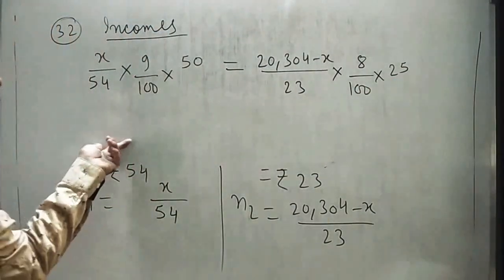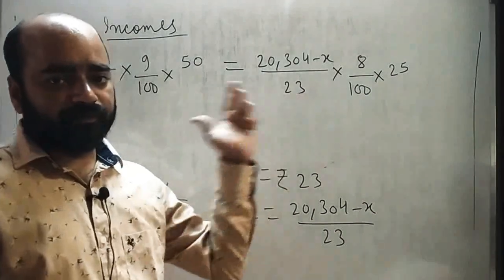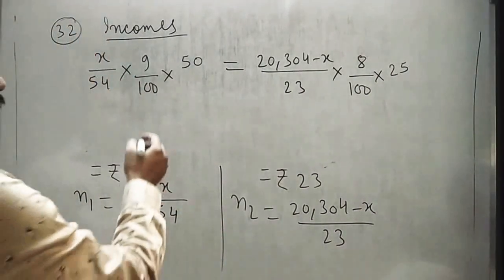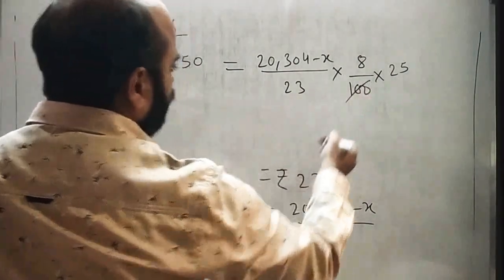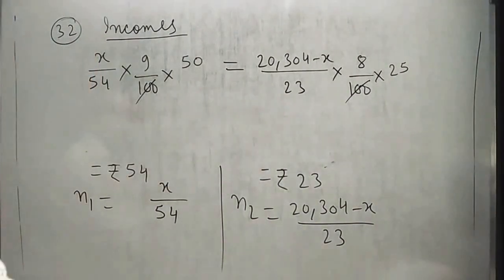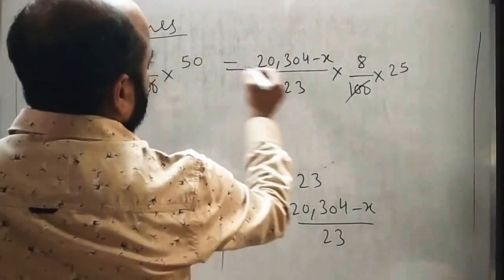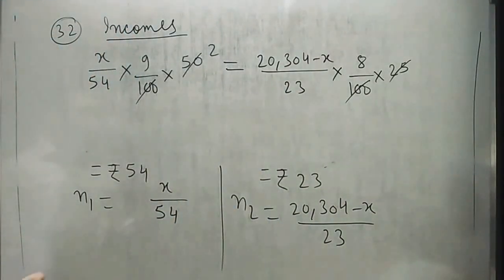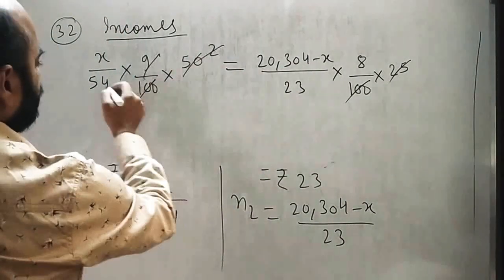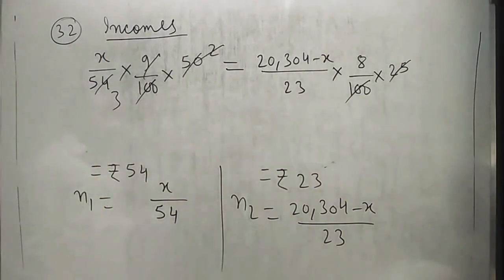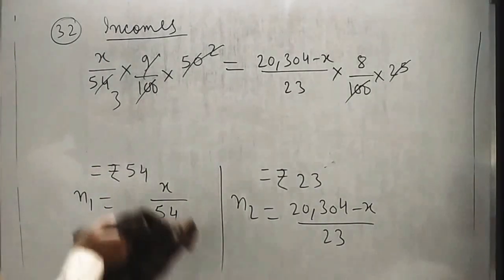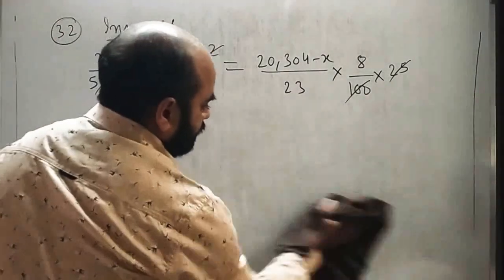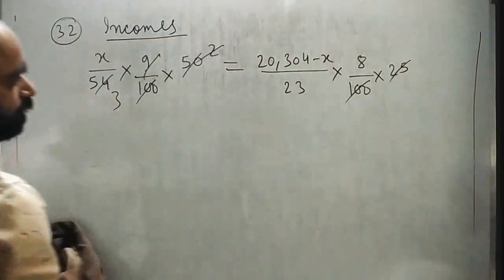So both the incomes are same. Clear? So first we can cancel 100 on both sides. Clear? Next, 25 into 2, 50 we can cancel. 9 into 2, 18 into 3 we can cancel. So these are the simple cancellation.